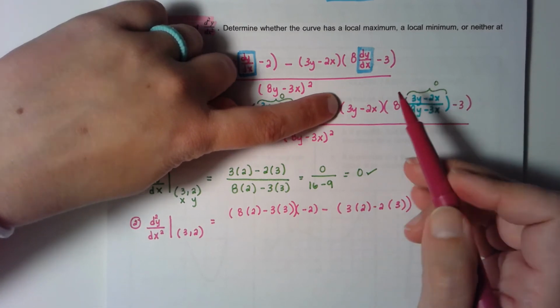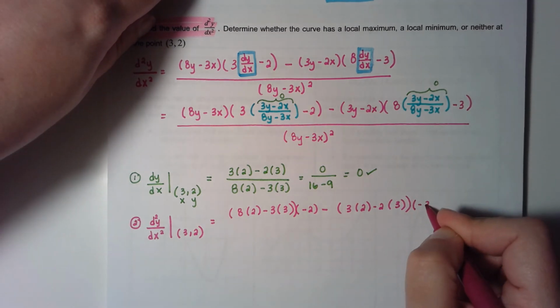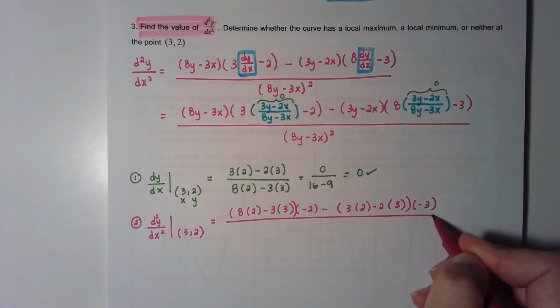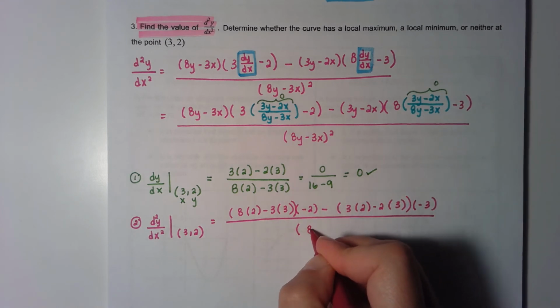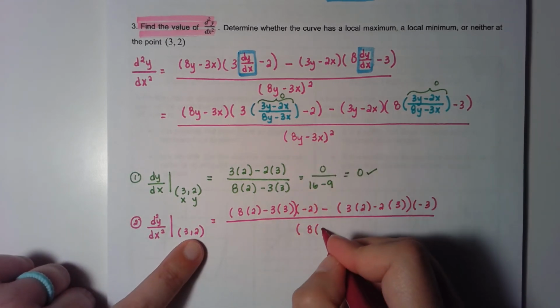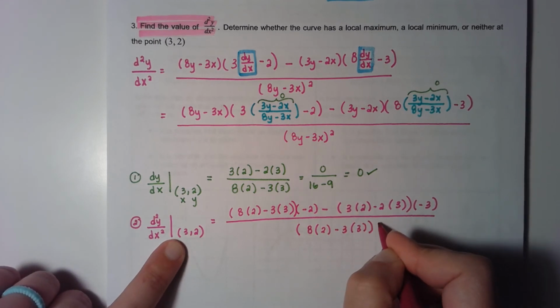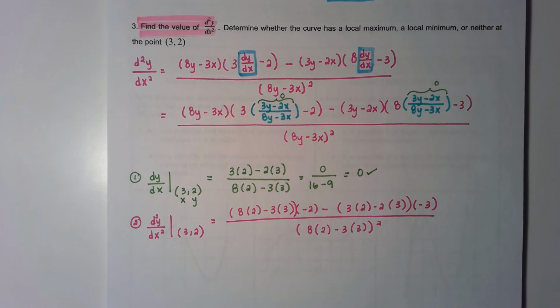And then 8 times 0 is going to be 0, so all that's going to be left is the negative 3 from over here, all over 8 times the y, which is 2, minus 3 times the x, which is 3, squared.